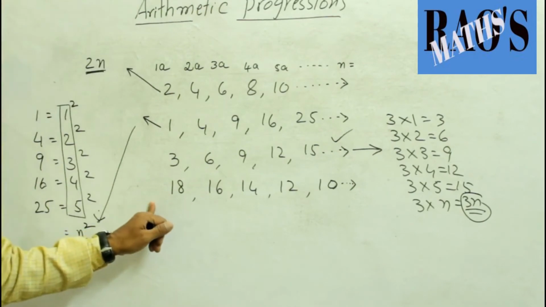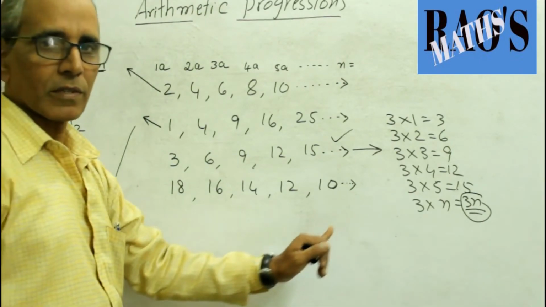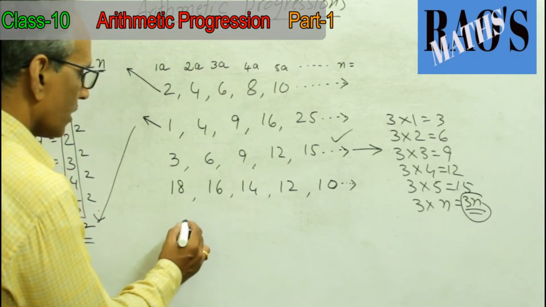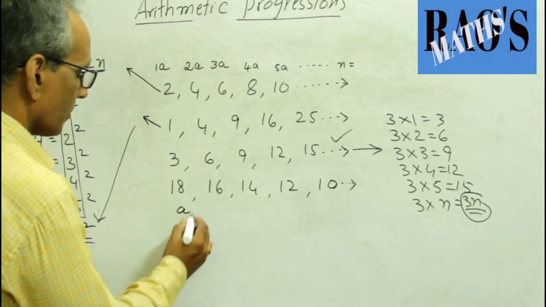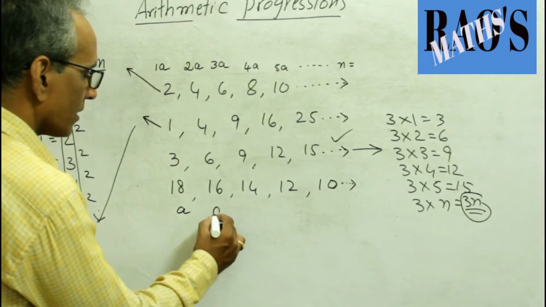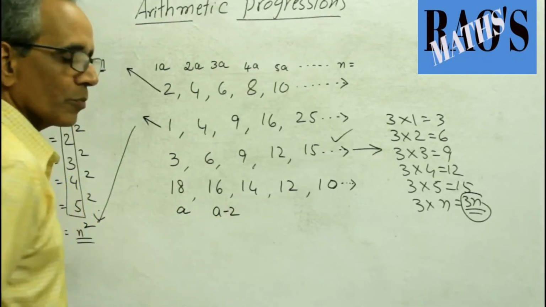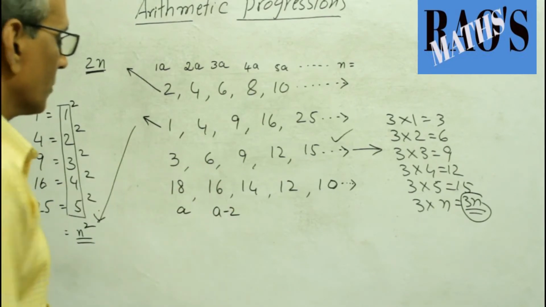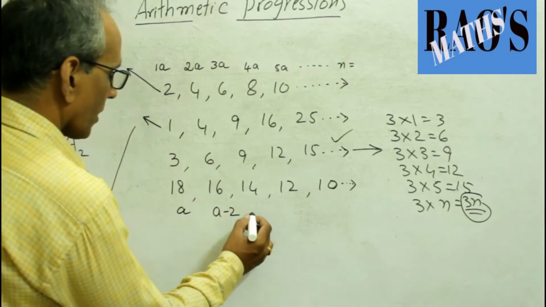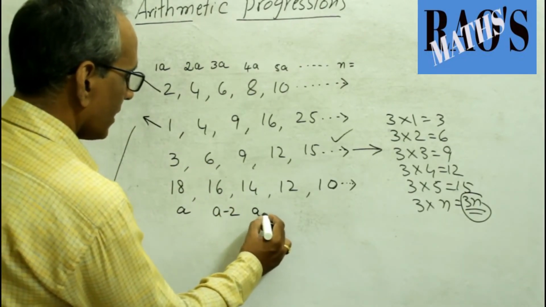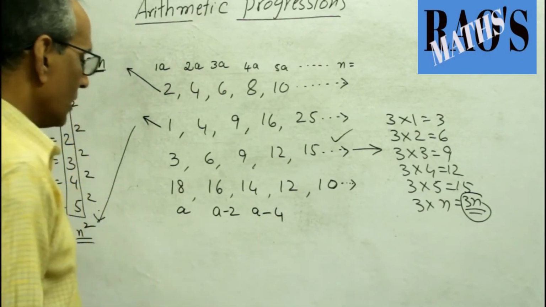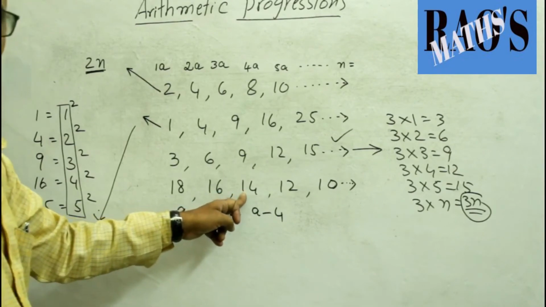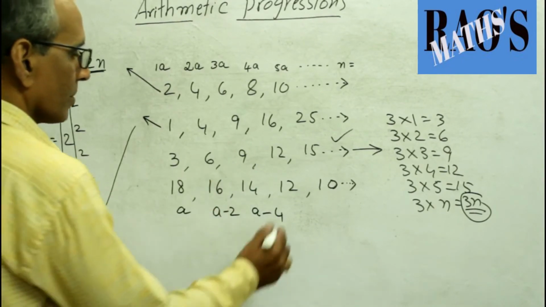Let's find out the rule for the last sequence or pattern. Here the first member is A, the second number is obtained by subtracting 2. Clear? So 18 minus 2. And the third member is A minus 4. See, 18 minus 4 is 14.